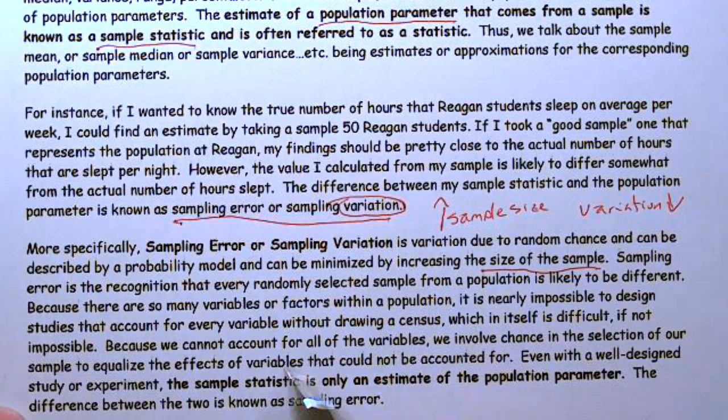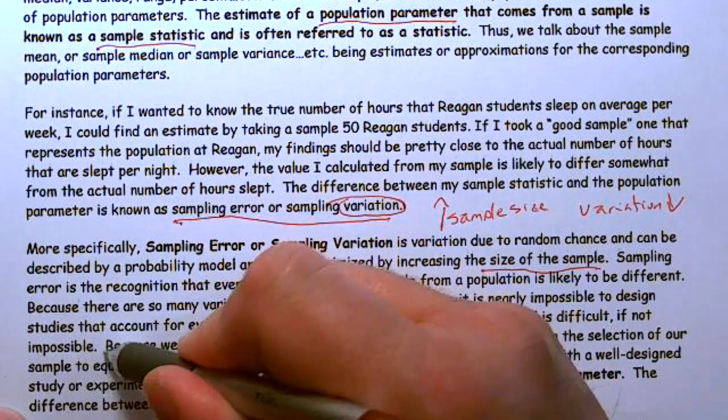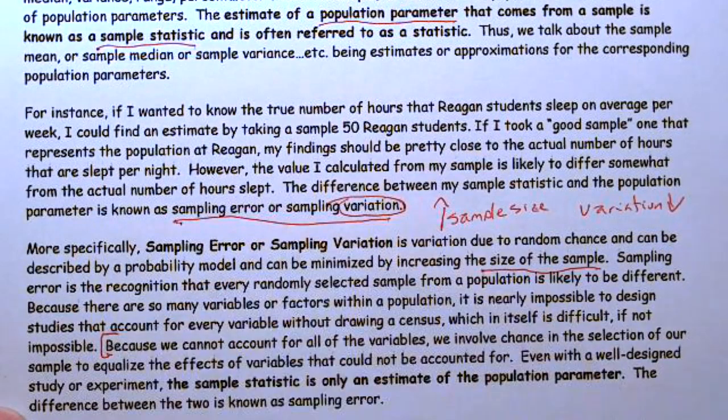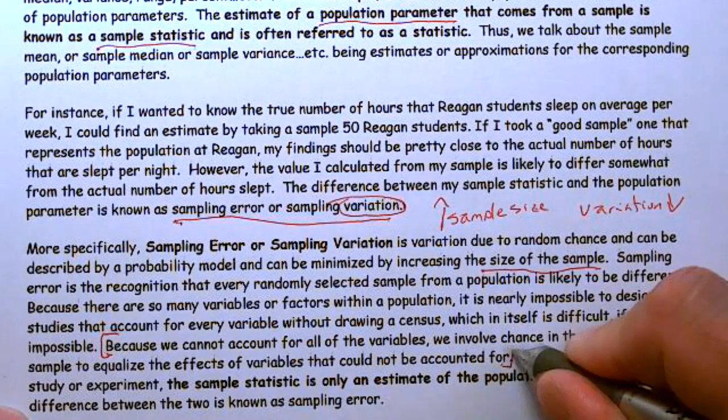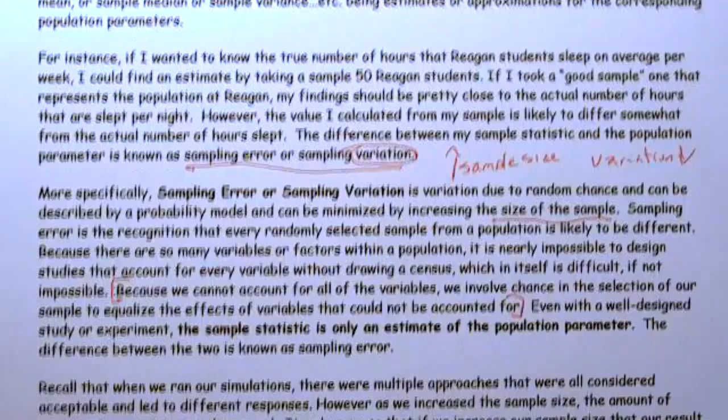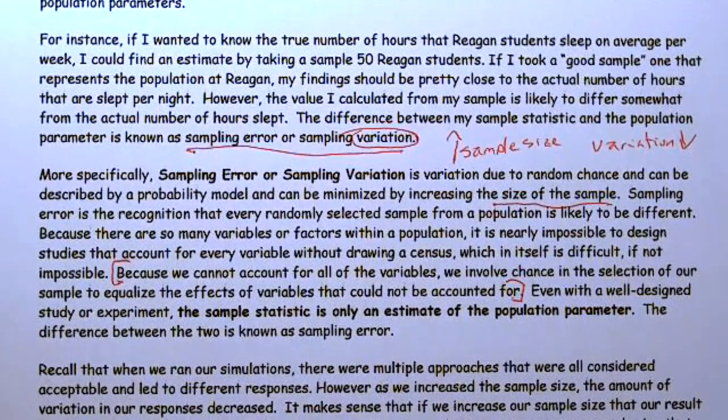This is huge. Because we cannot account for all of the variables, we use chance or random selection to equalize the effects or to balance out the effects. Even with a well-designed study or experiment, the sample statistic is only an estimate of the population parameter.